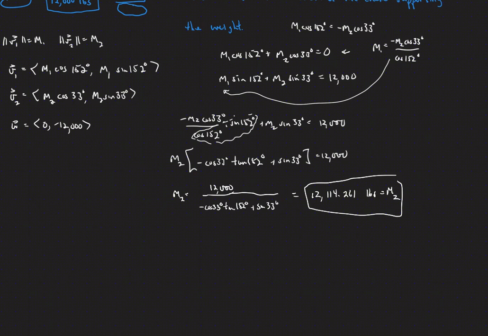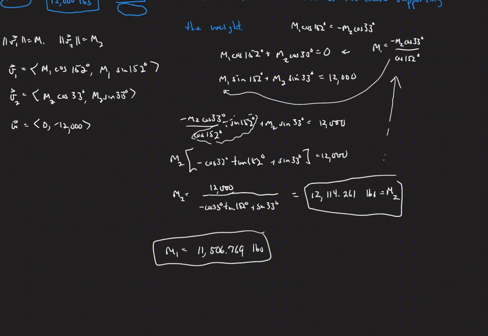And then we're going to take that and plug it in over there and get that M1 is going to be a negative, I'm going to capture that 12,000 whatever times the cosine of 33 divided by cosine of 152, and that looks like 11,506.769 pounds of force. So there's our M1 and M2. Okay, very good.